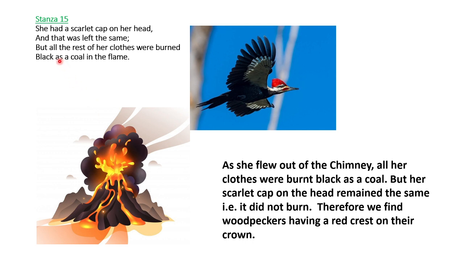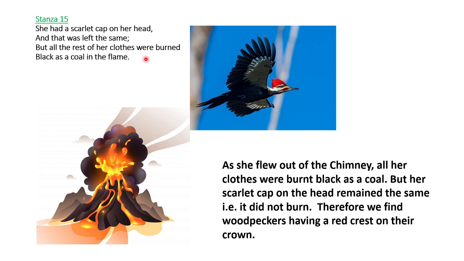So this is again the literary device of simile being used here. But her scarlet cap on her head remained the same, that is, it did not burn. Therefore, we find woodpeckers having a red crest on their crown. So this red crest on the crown is because the woman at that time was wearing a scarlet cap.